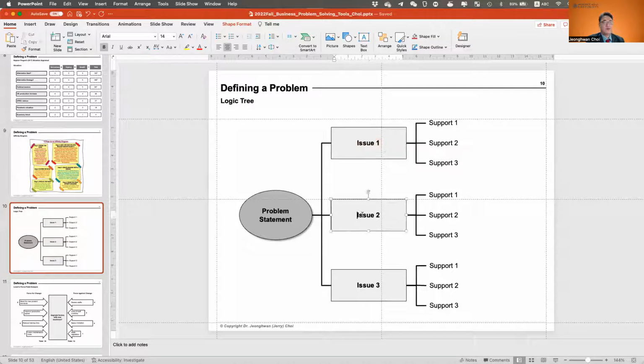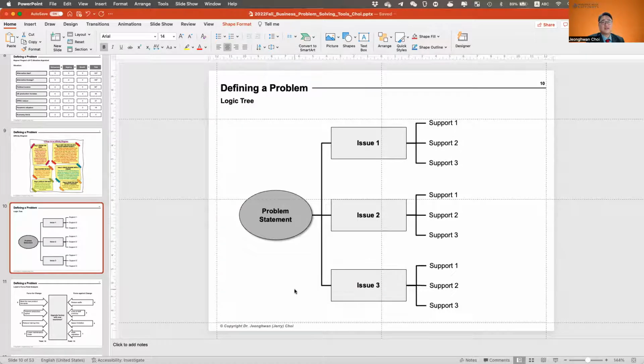Okay, and there is a supply chain problem. And there is a tension, a demand for alternative energy, something like that. So we disaggregate that chunk of the problem into sub-issues.